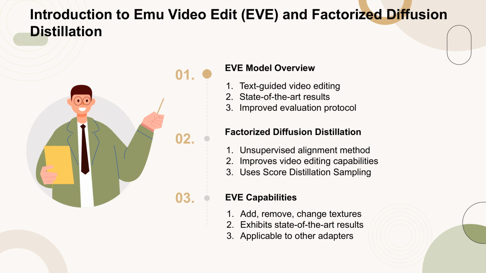FDD employs score distillation sampling and adversarial losses to refine the editing process. EVE not only excels in traditional editing tasks but also in more complex operations like adding, removing, and altering object textures within videos. Additionally, the approach can be theoretically applied to any diffusion-based adapters, broadening its potential applications.